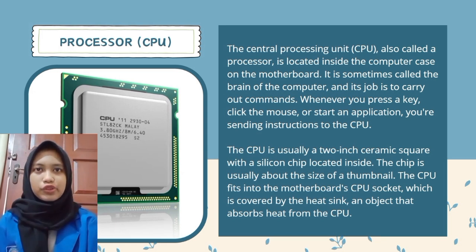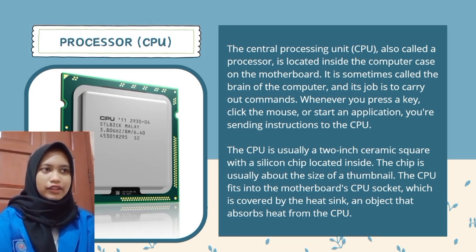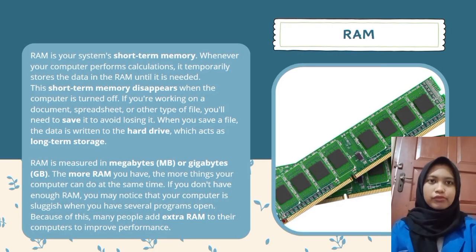The CPU is usually a 2-inch ceramic square with a silicon chip located inside. The chip is usually about the size of a thumbnail. The CPU fits into the motherboard's CPU socket, which is covered by the heatsink, an object that absorbs heat from the CPU.